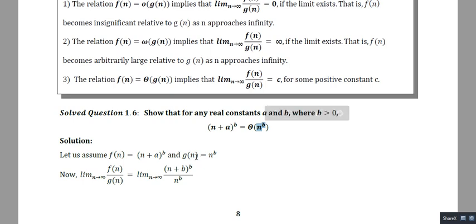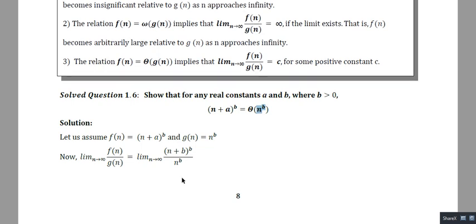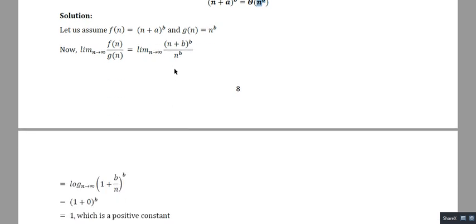Now let us find the limit of f(n) by g(n) as n tends to infinity. We divide both terms by n, like x plus y by 2 equals x by 2 plus y by 2. Both have power b, so n by n is 1, giving 1 plus a by n.